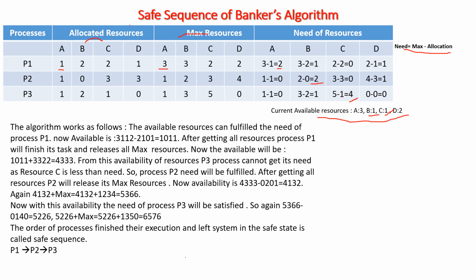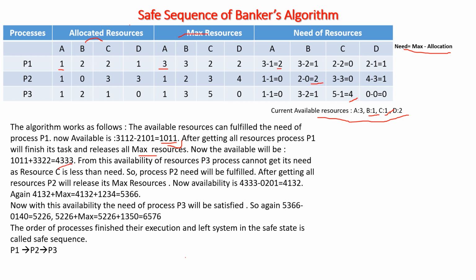But before that, we subtract the need from the current available resources to know the leftover available resources. So it is coming 1011. After that, the process P1 will release all its max resources. These max resources will be added to the leftover available resources, and we are getting 4333.